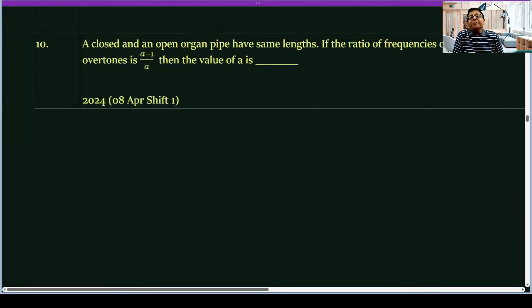A closed and an open organ pipe have the same length. Find the ratio of frequencies of their seventh overtone.